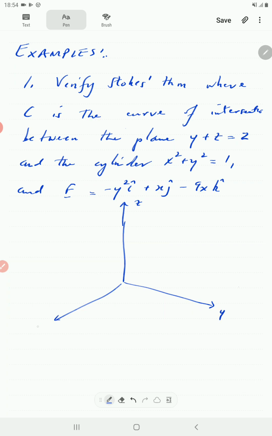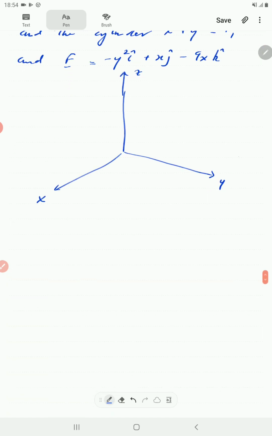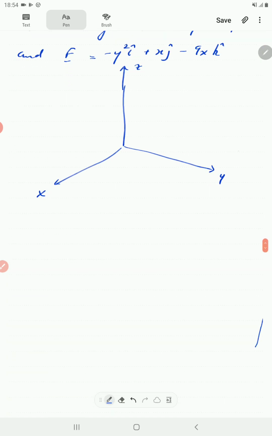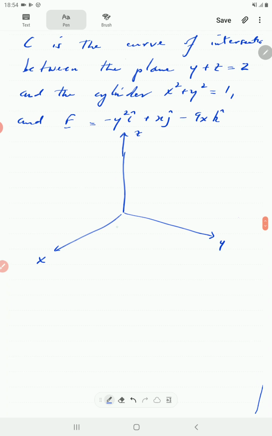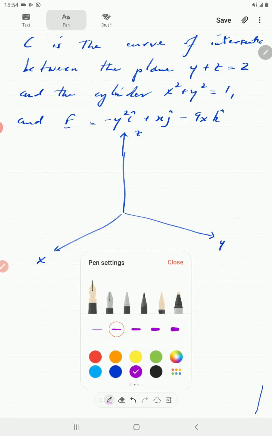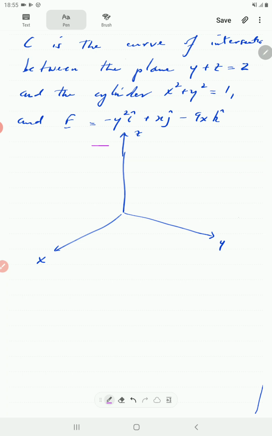That means if z does not appear, our axis of the cylinder is along the z-axis, because this is going to be a circle on the xy plane, and then you just extend it in both ways.